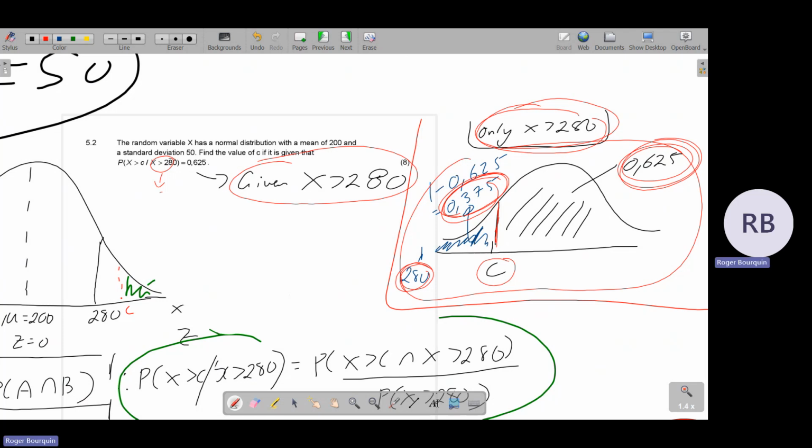This probability is not equal to 1, so it's got to be to the right.